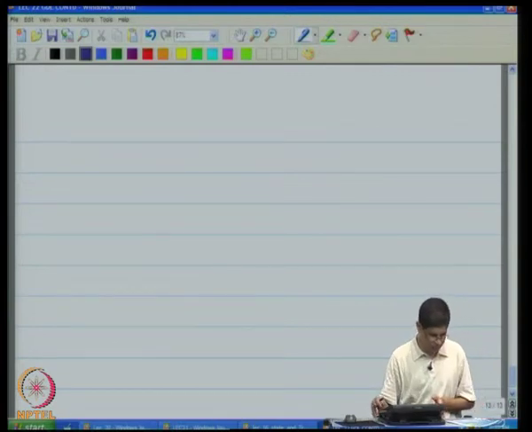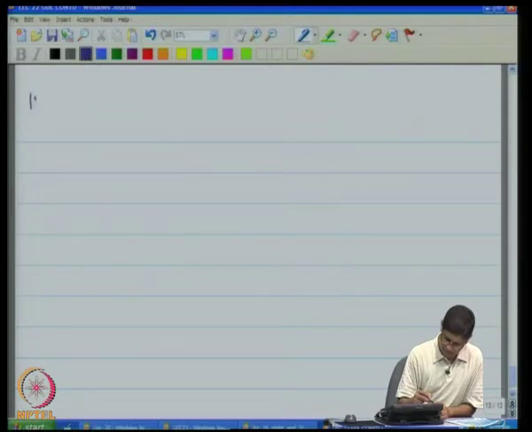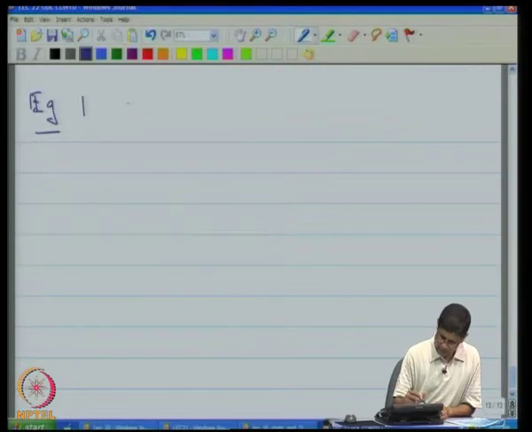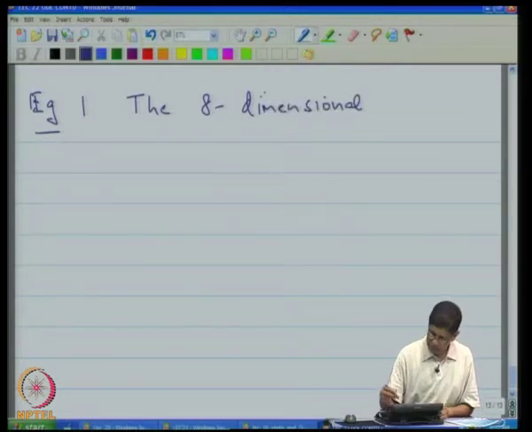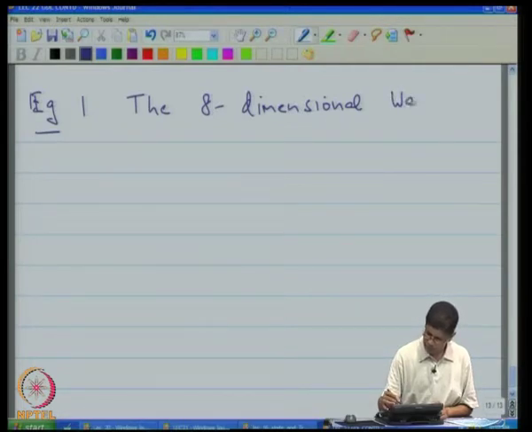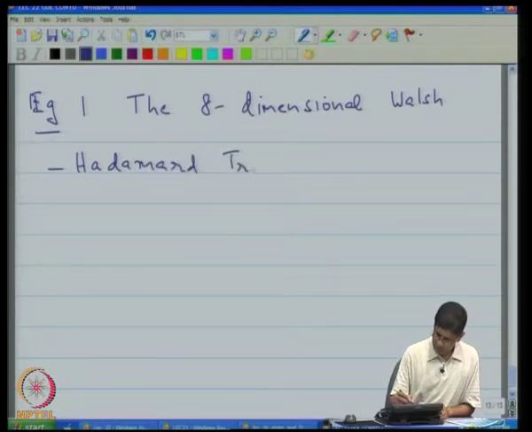So, here is our first example: the 8-dimensional Walsh-Hadamard transform.